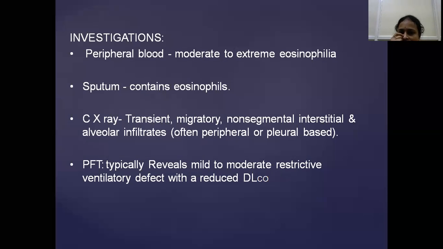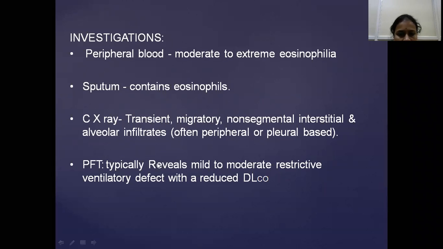So, how do we investigate Loeffler syndrome? Peripheral blood investigation shows moderate to extreme eosinophilia. Sputum also contains eosinophils. Radiologically, the chest X-ray shows transient migratory non-segmental interstitial and alveolar infiltrates.